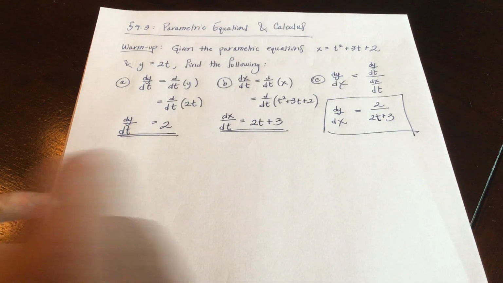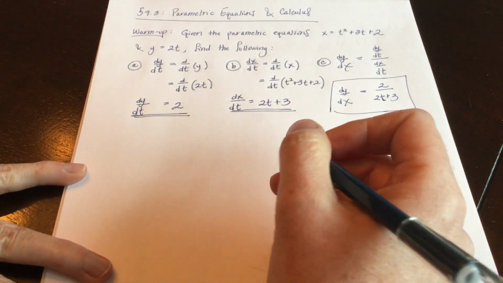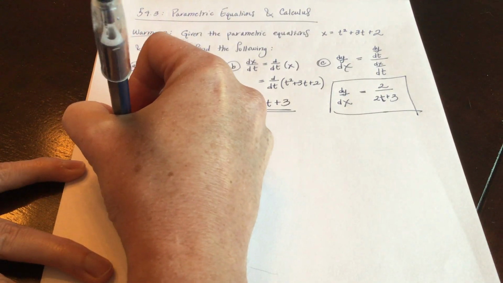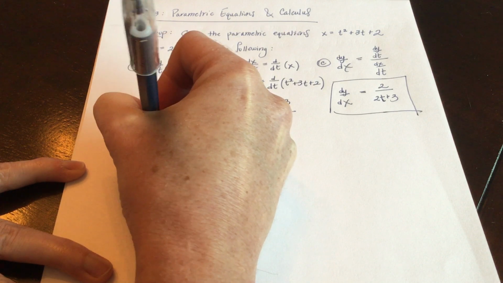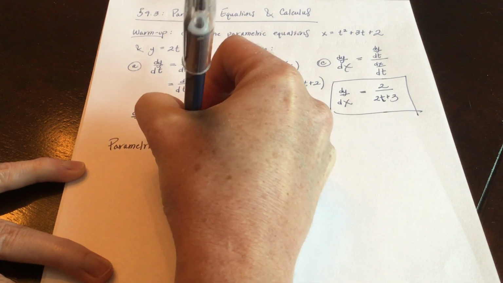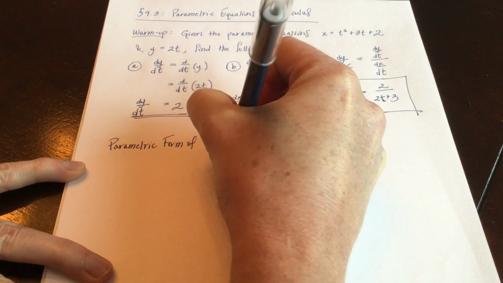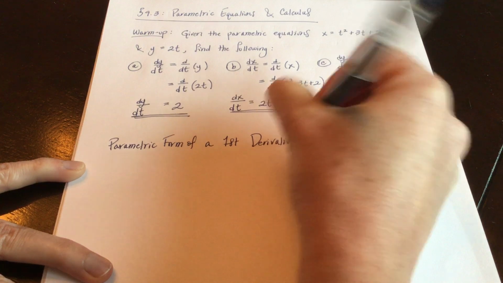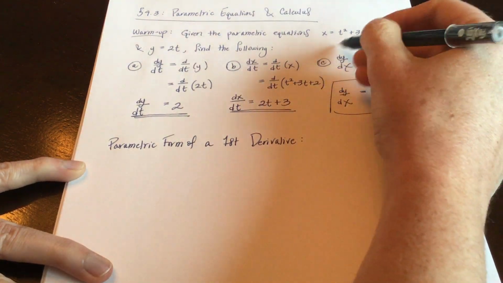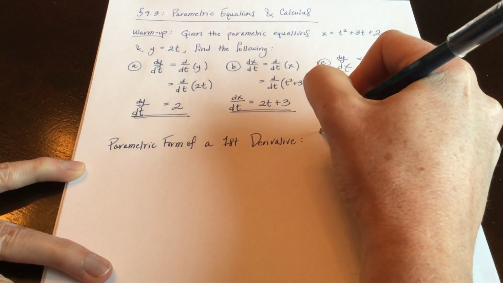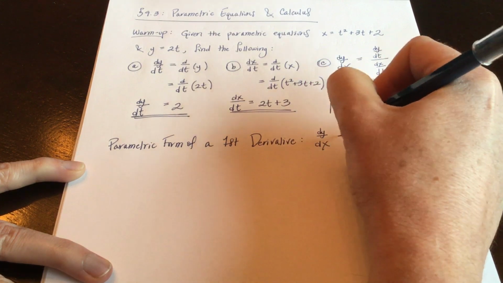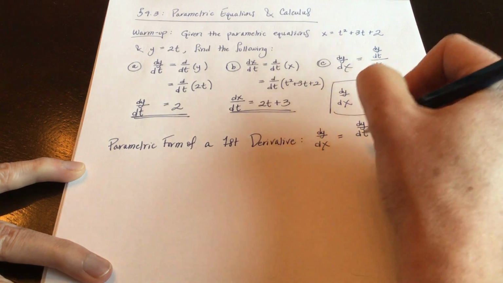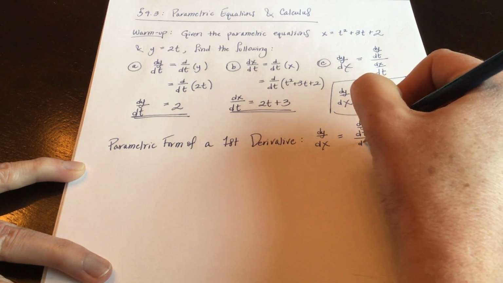Okay, and really that's the main point of this first part of the lesson. So we're going to talk about the parametric form of a first derivative. And we're just going to make this piece right here official. So dy/dx is simply dy/dt, in this case the parameter is t, it could be theta or whatever you want, divided by dx/dt.